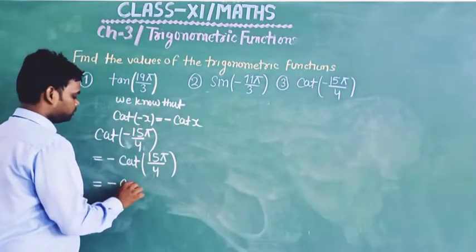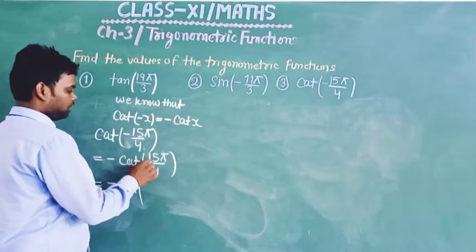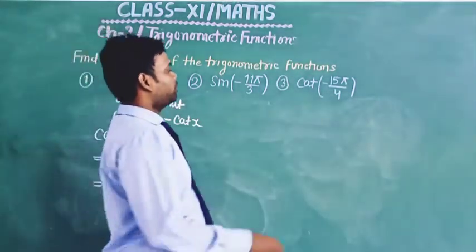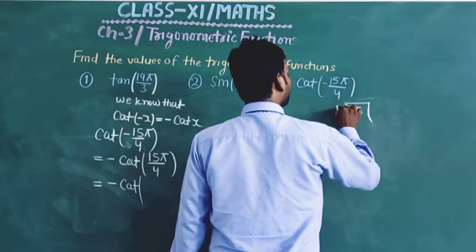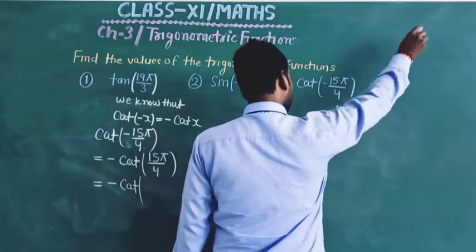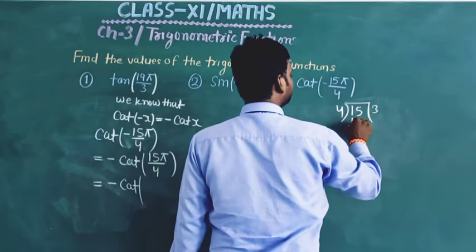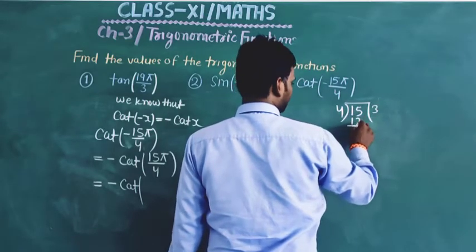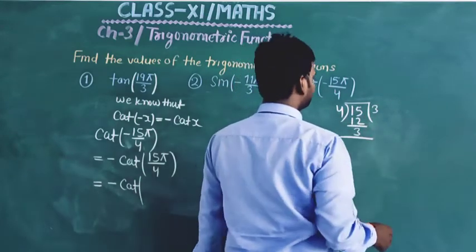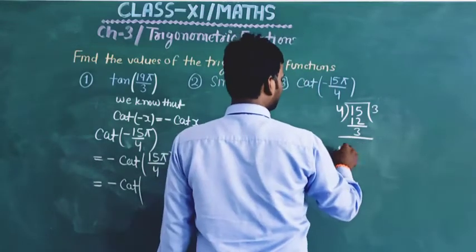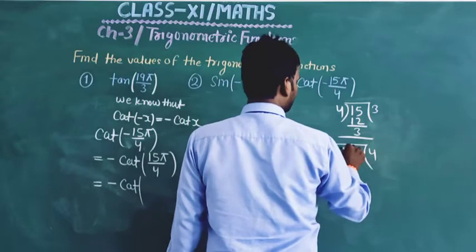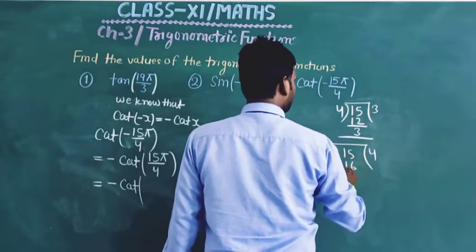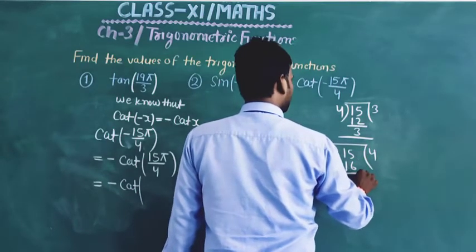So again, 15 divided by 4. Here 4 times 3 is 12 and the remainder is 3. Also 4 times 4 is 16, so minus 1.